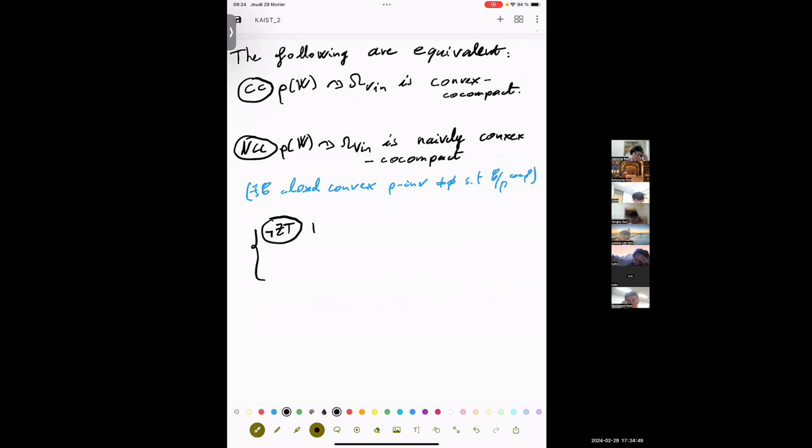So it means that there is no T included in S such that AT is of zero type, and no IC.